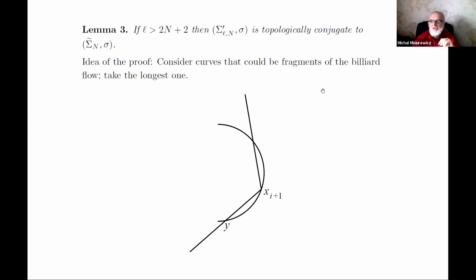It cannot hit this end of the semicircle, and it even cannot hit the circle again. The problem is not only the end of the semicircle, but I take this longest curve, and maybe it intersects our semicircle twice.